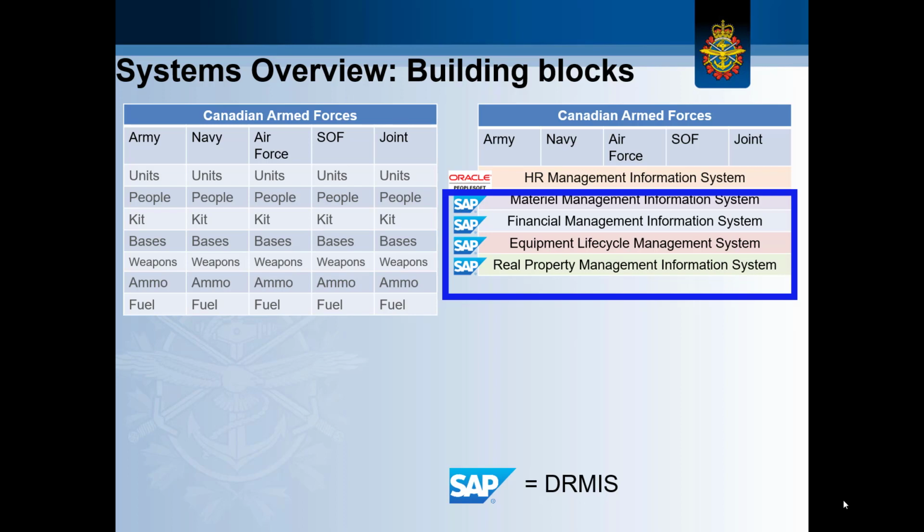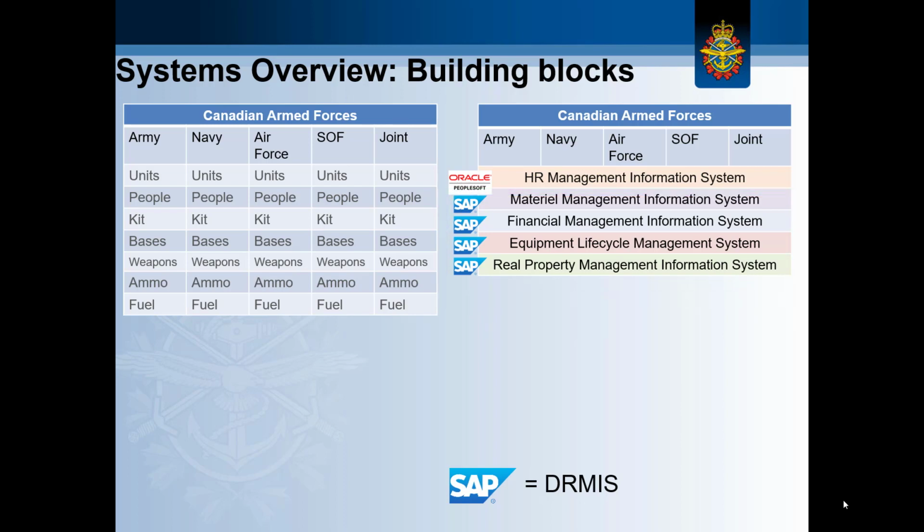And so that's what we use to track our vehicles, our equipment, and maintenance and repair. And as of about 2016, we also added a real property component to that SAP system. And so that's what we're going to focus on right now.